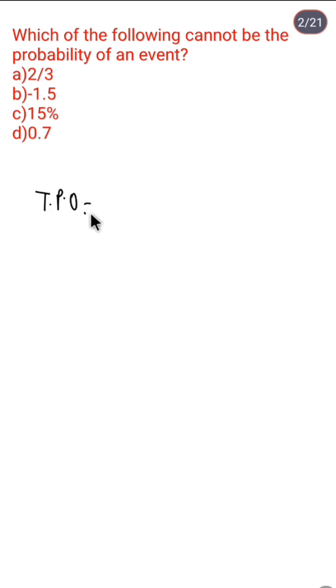We know that the probability always lies between 0 and 1. It can be 0 or greater than 0, and it can be less than 1 or equal to 1. So it lies between 0 and 1.